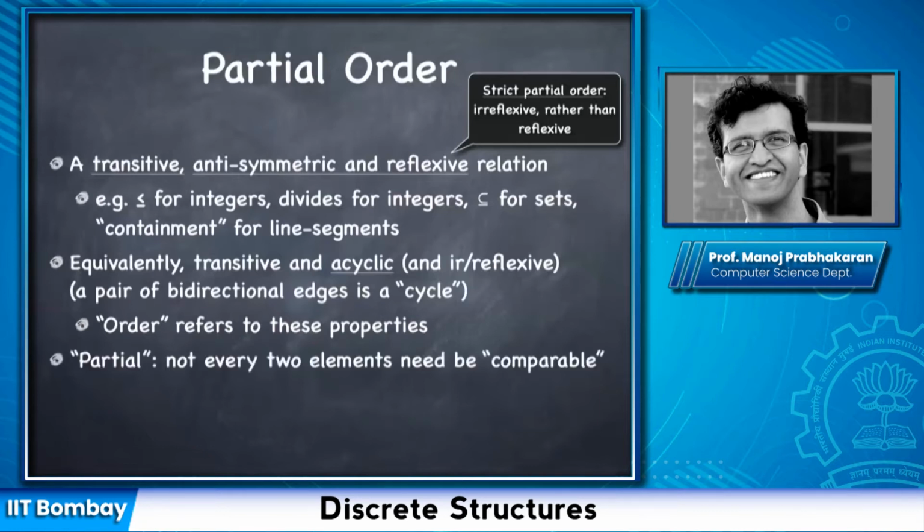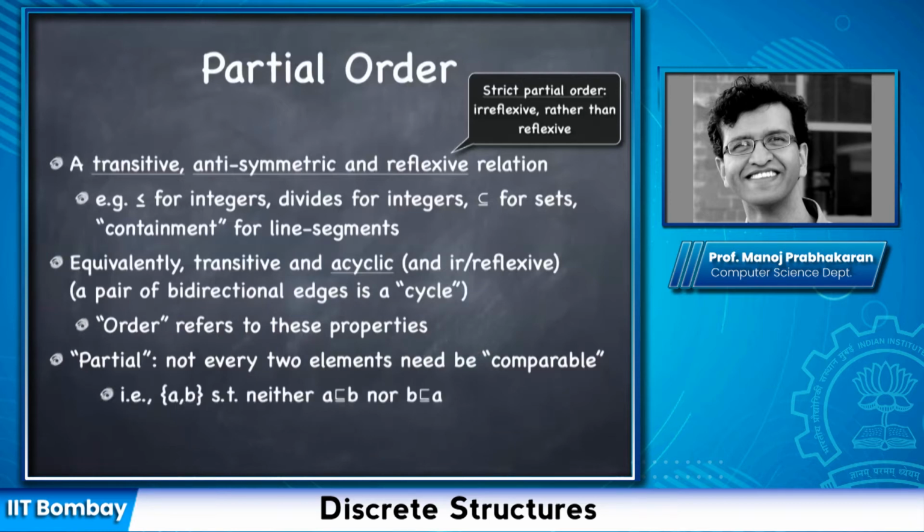Why partial? Because you would intuitively think of order as something where any two numbers can be ordered, right? Either A is less than or equal to B or B is less than or equal to A. But in a partial order, we want to emphasize that's not the case. There could be elements which are not comparable with each other.